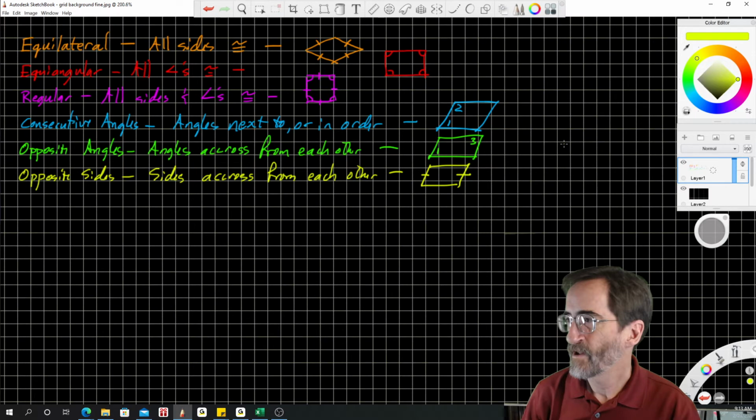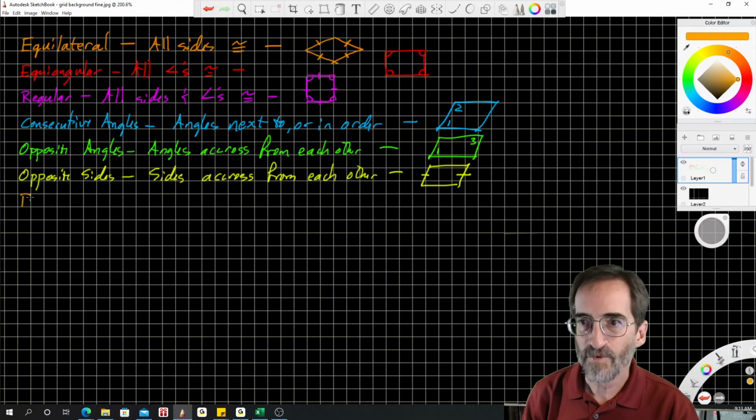Parallelogram. Should have started with this word. Note they've put the words not in logical order, but in alphabetical order. Parallelogram. It's a four-sided, or let's simplify, it's a quadrilateral.